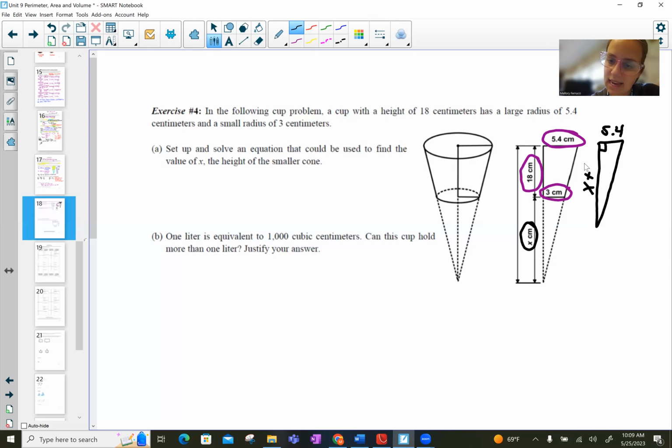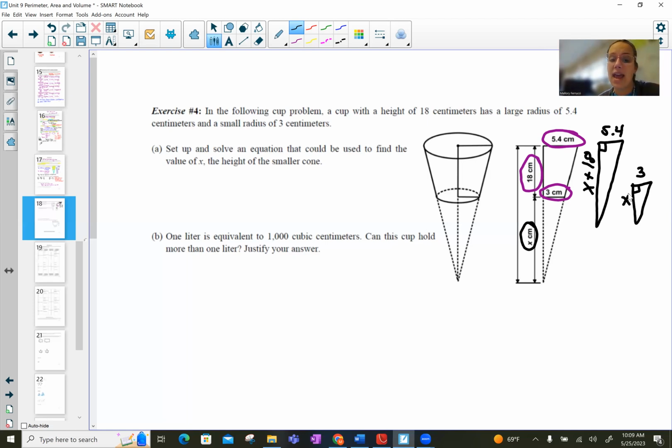So this side is x plus 18, or 18 plus x. Now we have a smaller triangle. It's still a right triangle, and it's similar because what was lopped off was parallel. So the top is 3, the side is x.